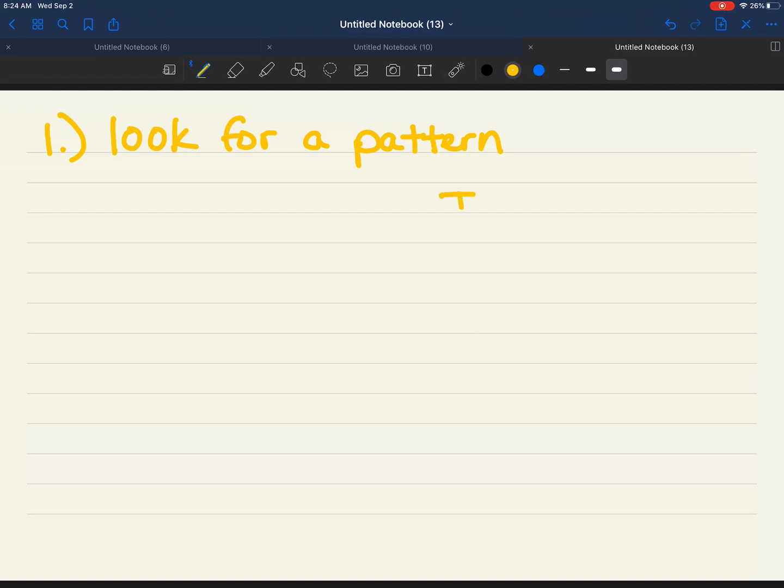So it gives us this table of time in seconds and people.